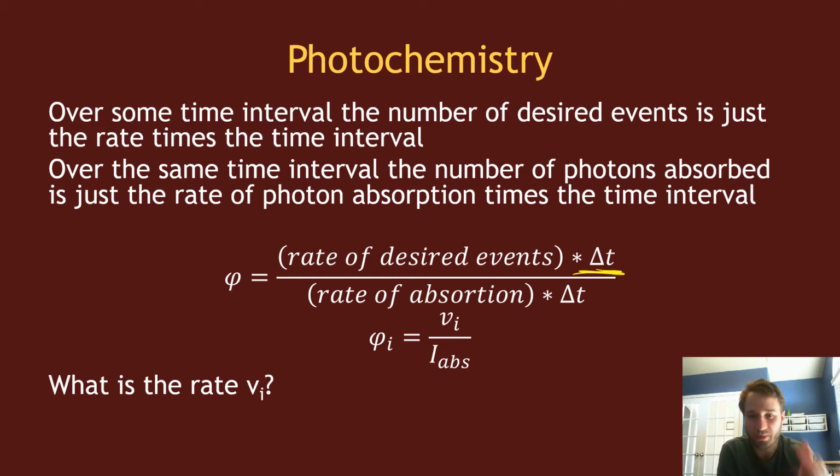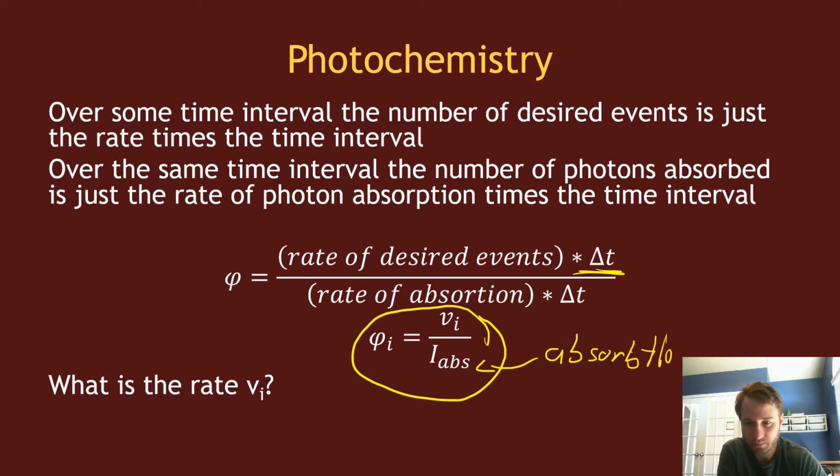Since we're measuring the same time interval, this quantum yield is basically the rate of emission versus the rate of absorption. So I_abs here is your absorption rate, and V_i here is your emission rate. We'll talk more about what that is in the next slide.